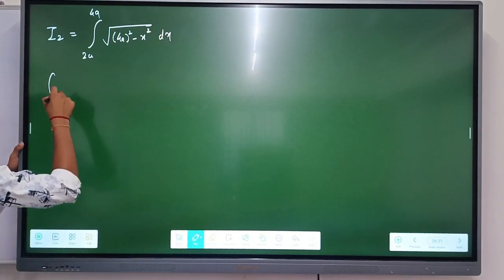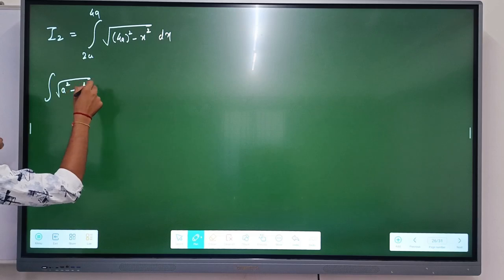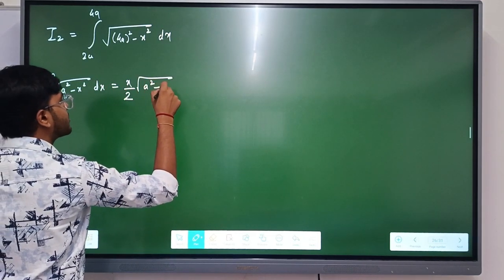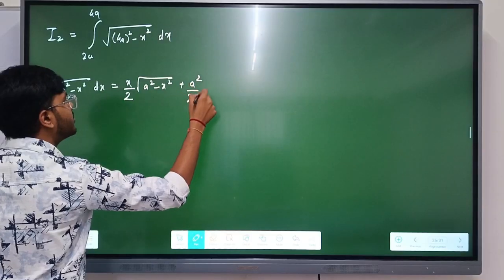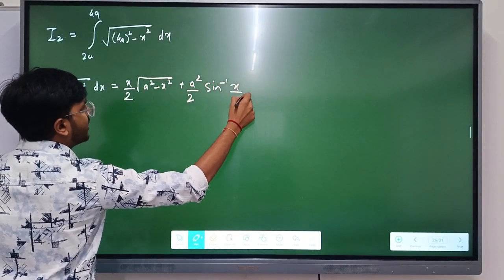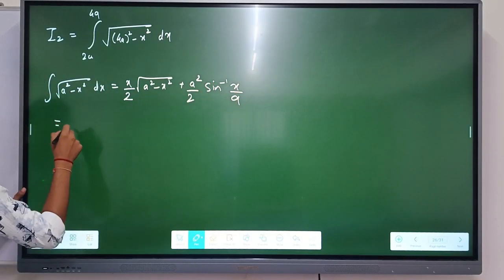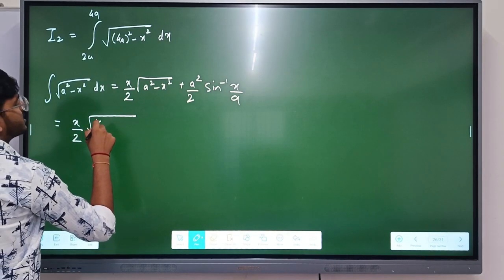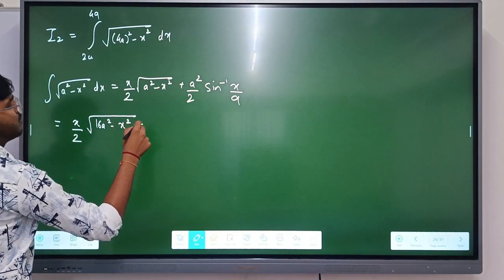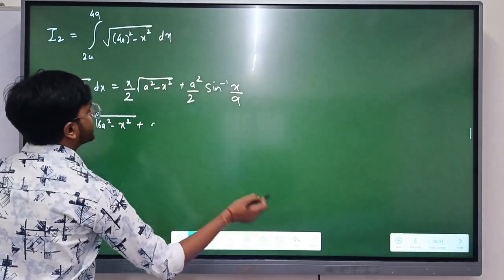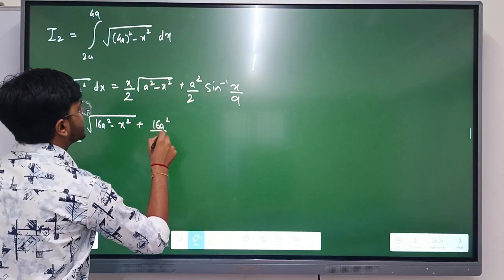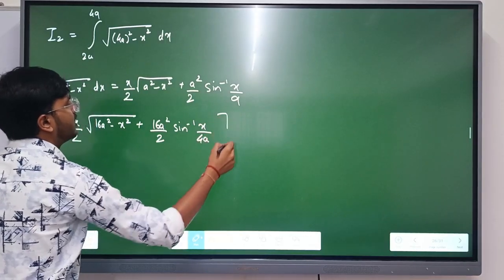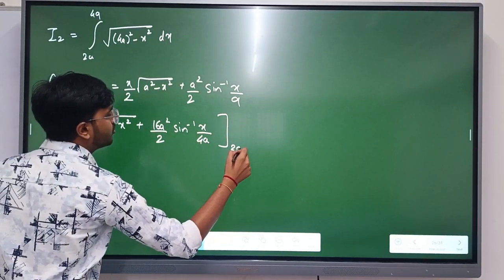We can use this formula, integration root a square minus x square dx is x by 2 root a square minus x square plus a square by 2 sine inverse of x by a. So if you substitute here, x by 2 root 16a square minus x square plus, in place of a square, 16a square, 16a square by 2 sine inverse x by 4a. Limits from 2a to 4a.